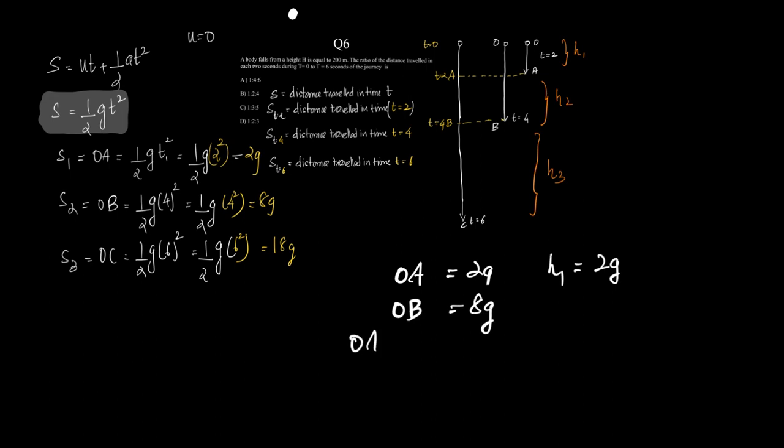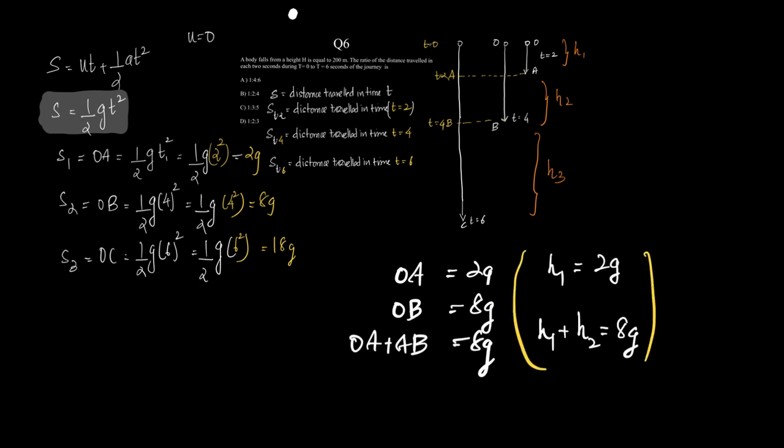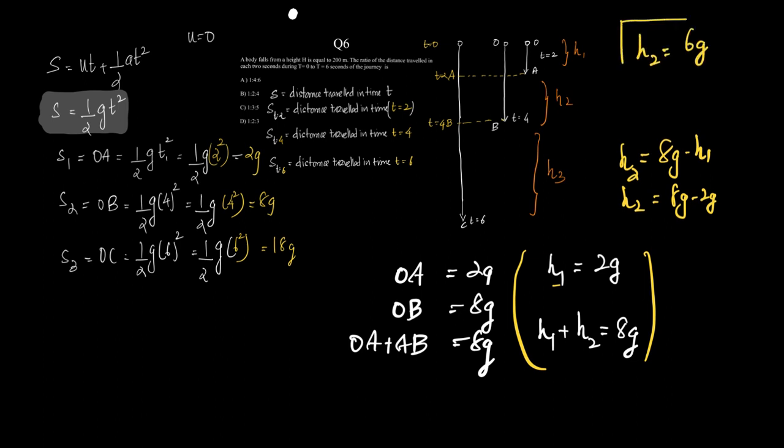So we can write that H1 plus H2 is equal to 8G. Now, using these two equations, H2 is equal to 8G minus H1. H1 is equal to 2G, so H2 is equal to 8G minus 2G, and therefore H2 is equal to 6G, right?